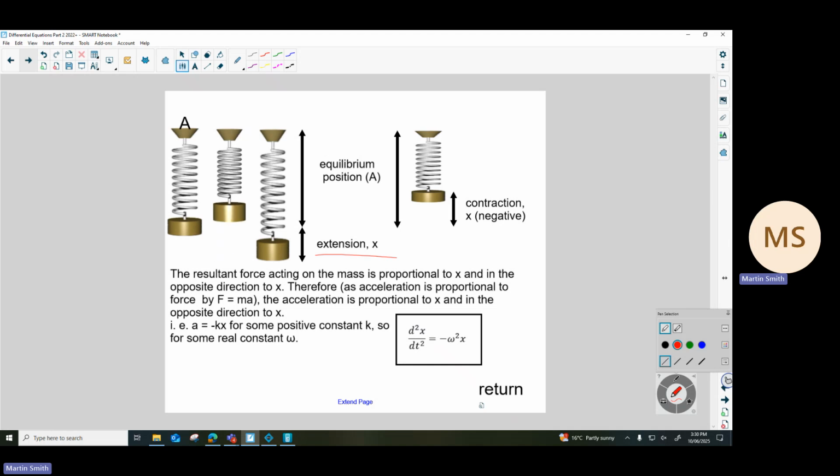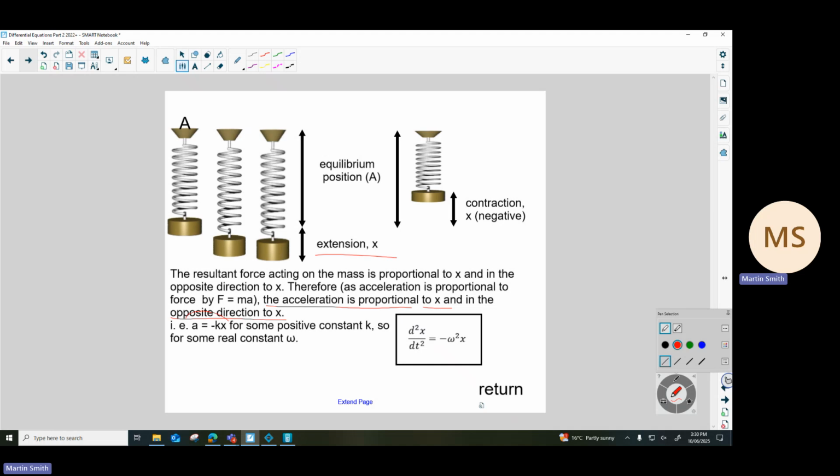Now, there is a famous law about springs known as Hooke's law. Hooke's law tells us that the resultant force acting on a mass is proportional to the extension and in the opposite direction. A consequence of this is that the acceleration of the object is going to be proportional to its displacement and in the opposite direction to its displacement.